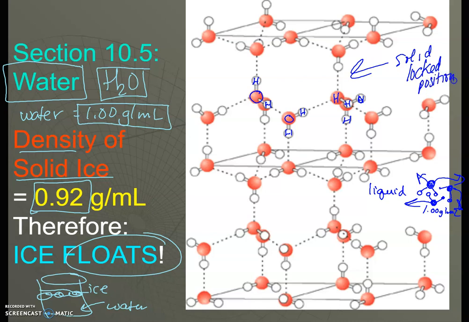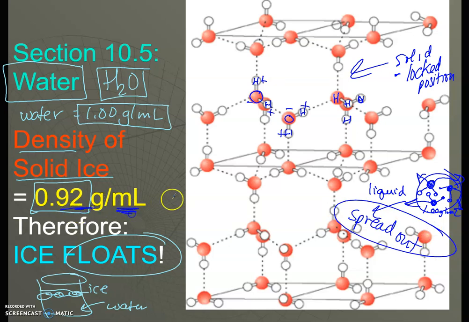And when they're locked in their position, they have to be this plus, minus, plus, minus, all those partial positives and partial negatives in there. So when that happens, these loosey-goosey things right here have to spread out, which is why we get more room, more volume. So then density is going to decrease.